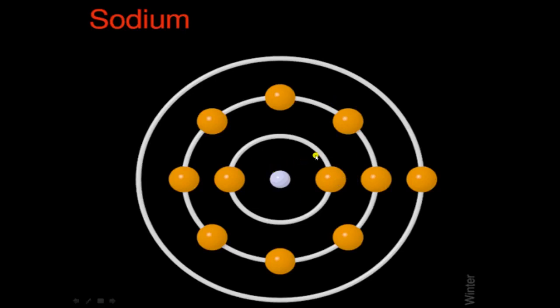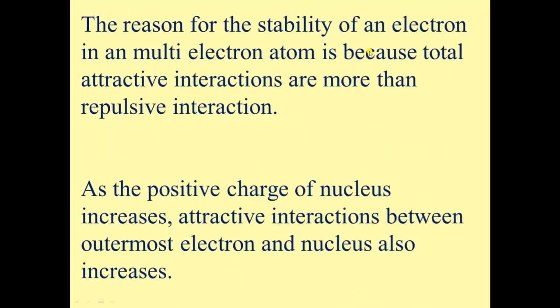If the positive charge of the nucleus increases, then the attractive force between nucleus and outermost electron will also increase. The reason for the stability of an electron in a multi-electron atom is that total attractive interactions are more than repulsive interactions.